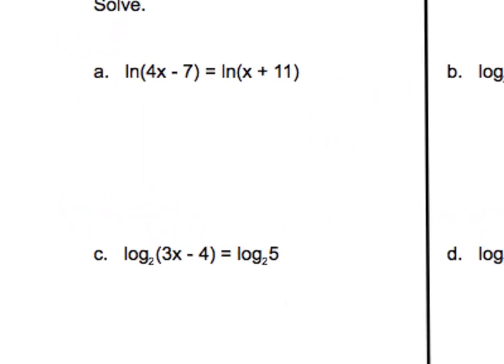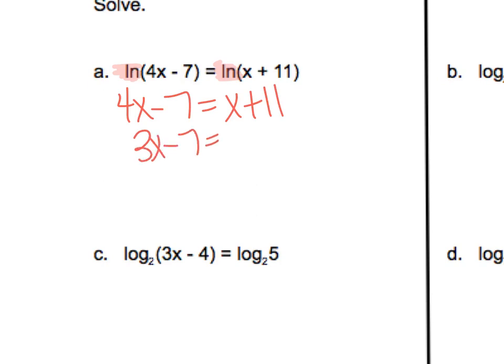If we have the natural log of 4x minus 7 equals the natural log of x plus 11, again, we have natural log on both sides. We're taking the natural log of two things, which means those will be equal to each other. 4x minus 7 equals x plus 11. If we subtract x from both sides, we get 3x minus 7 equals 11.